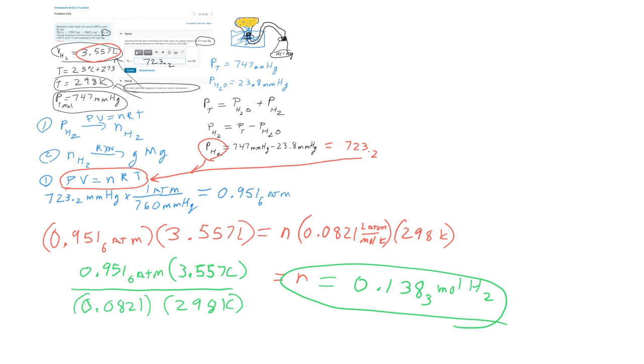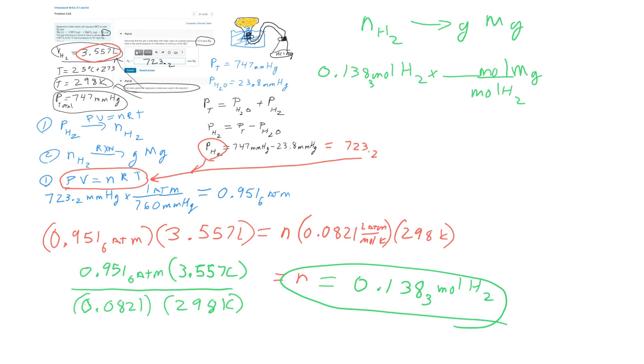Now we want to take that moles of hydrogen gas and go to grams of magnesium using our chemical reaction. So I have 0.138 moles of hydrogen gas times, well, I want to get rid of moles of hydrogen gas because I'm interested in moles of magnesium. Well, the only way I can switch substances is if I have a chemical reaction.